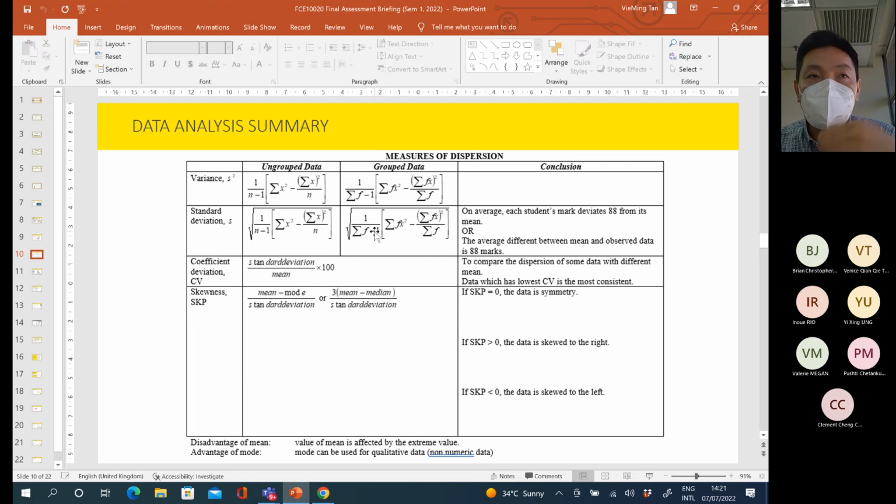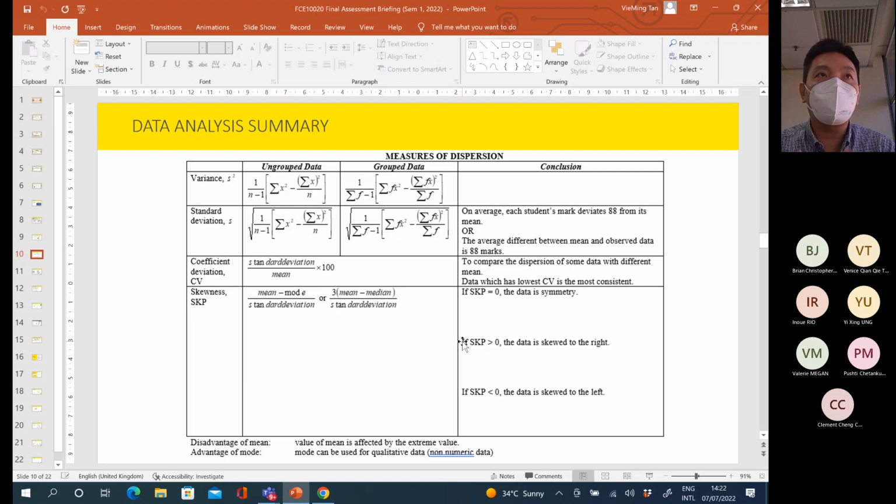Okay. Besides knowing how to calculate the descriptive measurement, we must also know how to elaborate the value. What is the meaning of the value that we obtain? Let's say skewness, SKP. Let's say we get SKP greater than 0. There are two ways for us to elaborate the value. Anybody?